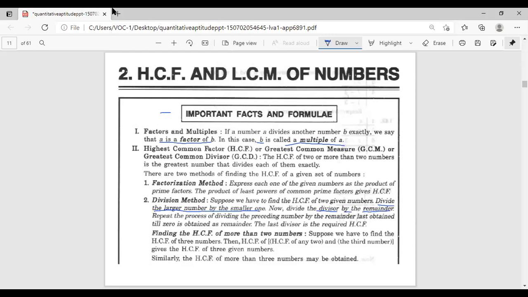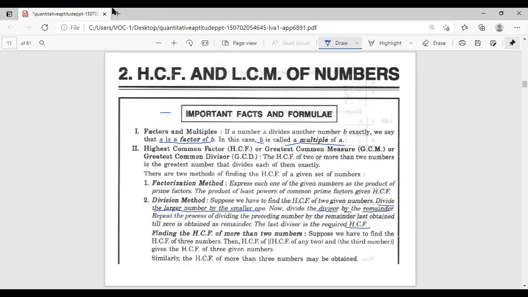Repeat the process of dividing the preceding number by the remainder last obtained till 0 is obtained as a remainder. The last divisor is the required HCF.